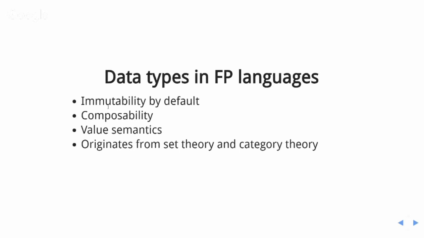On the other hand, in object-oriented languages, what we often have is we create an object and we think of it as an entity, and we pass it around, and then multiple actors modify its value. And in functional programming, we don't tend to do that. And the last point is just an interesting detail, that data types in functional languages tend to have a scientific background related to mathematics, mainly in set theory and category theory.